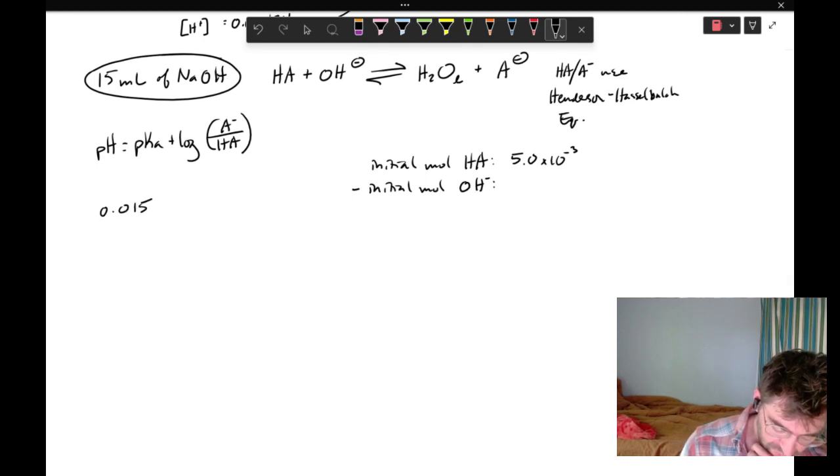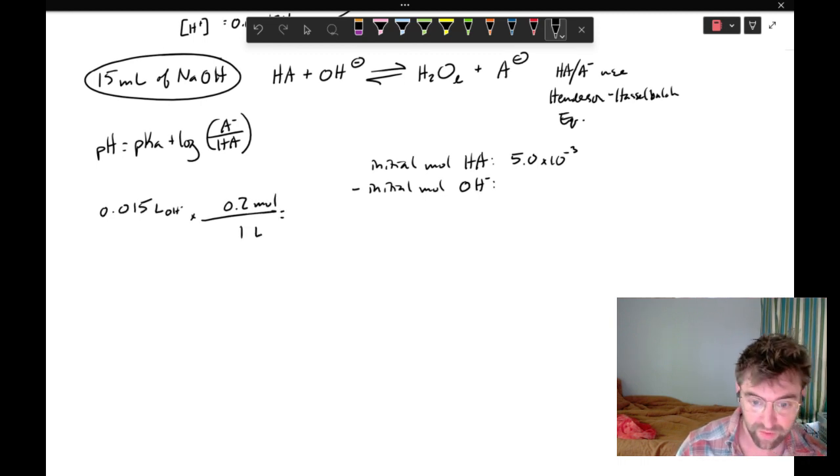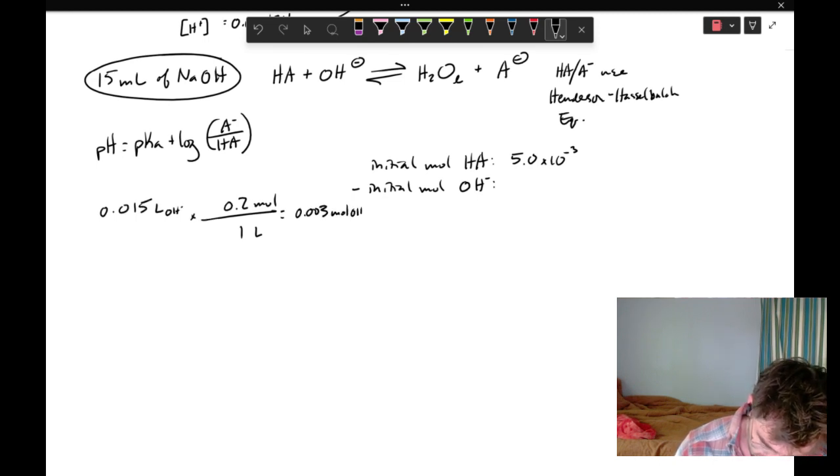We have a little bit of math to do. That's 0.015 liters of hydroxide times, it was 0.2 molar per liter, and that gives us 0.003 moles of hydroxide. So that's here. 3 times 10 to the negative 3.